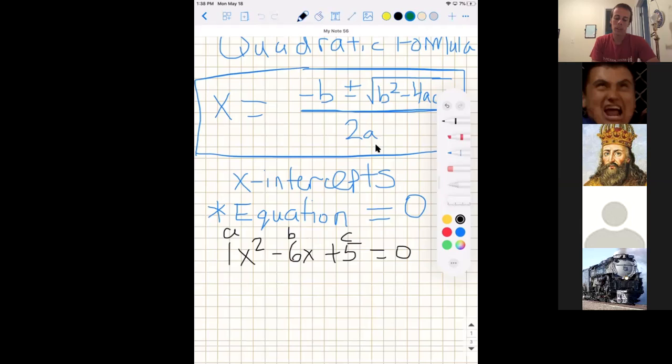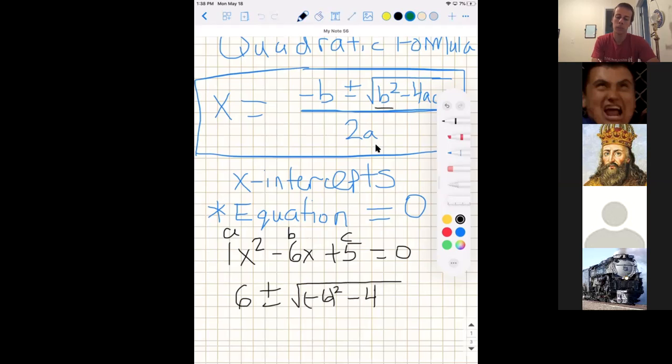All right, so the opposite of b, we're gonna do 6 plus or minus the square root of negative 6 squared, and I'm gonna put that in parentheses, negative 6 squared minus 4, and I'm just plugging in everything.